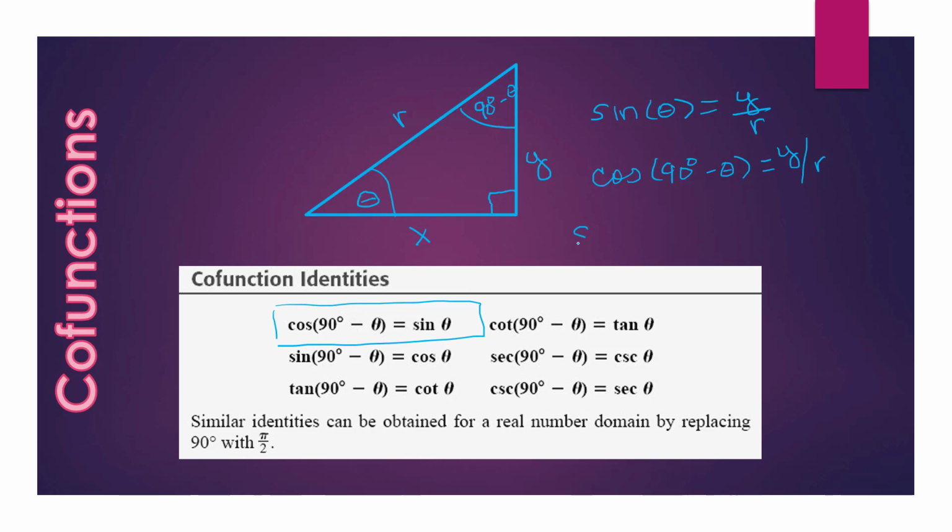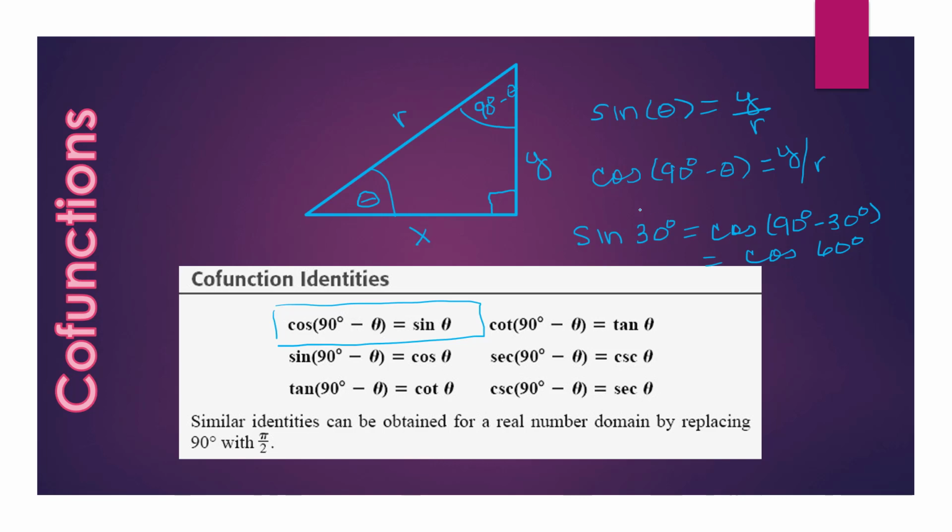So I can say then that sine of 30 degrees is equal to cosine of 90 degrees minus 30 degrees, or cosine of 60 degrees. I don't have to go through all of that little math there. I can easily say 60 degrees and 30 degrees, they're complementary. So sine of 30 degrees is going to be equal to cosine of 60 degrees, okay?